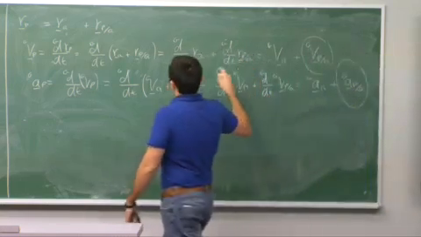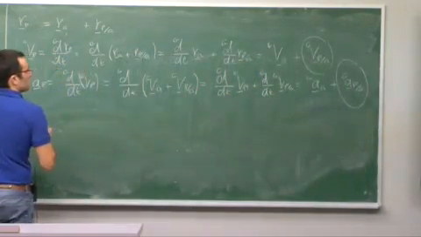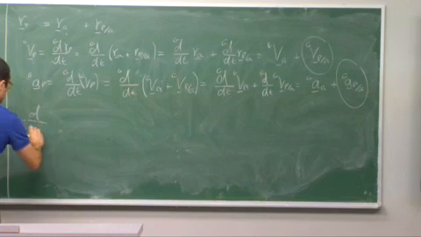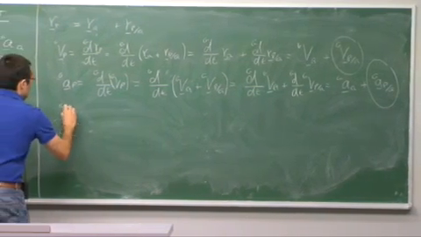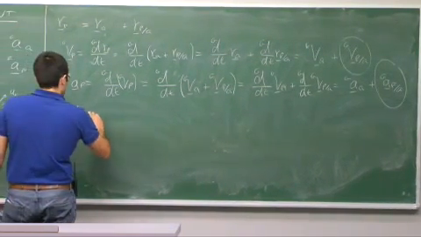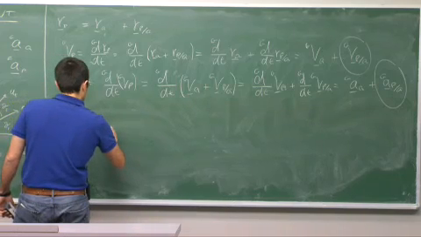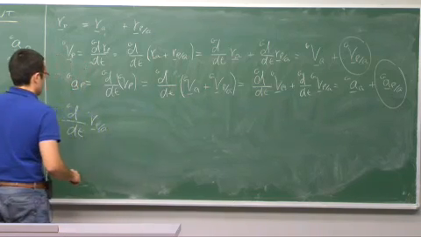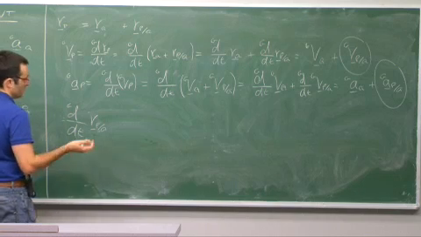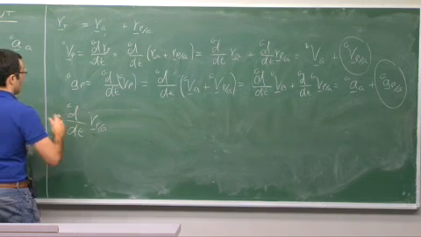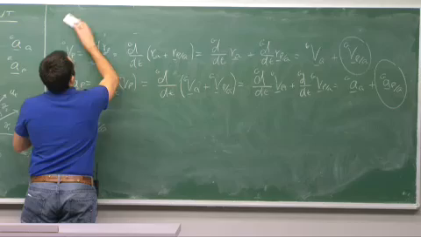Okay, so let's start with this one. d dt in G of RPQ. How do you write R of P with respect to Q?